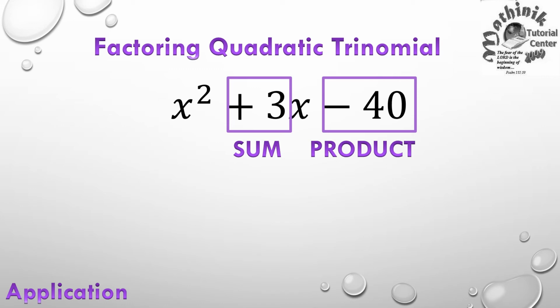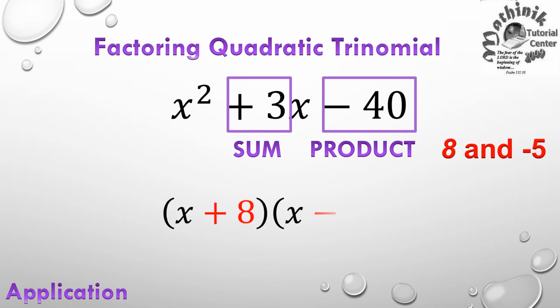By the previous activity, we can easily get this now. So the two numbers are 8 and negative 5. So if the two numbers are 8 and negative 5, we can simply factor this quadratic trinomial as x plus 8 times x minus 5. Did you get it? Let us have one more example.